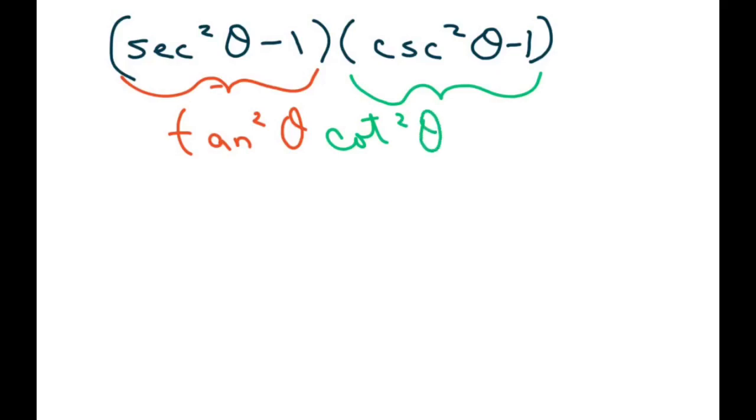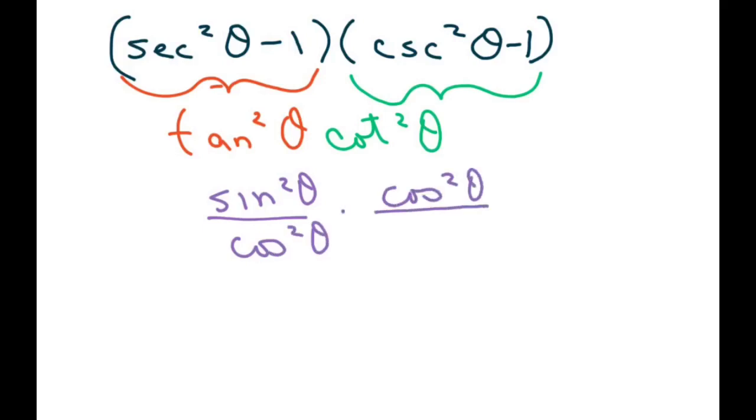So if I write these in terms of sine and cosine, you get sine squared of theta over cosine squared of theta times cosine squared of theta over sine squared of theta. This all cancels out to equal 1.